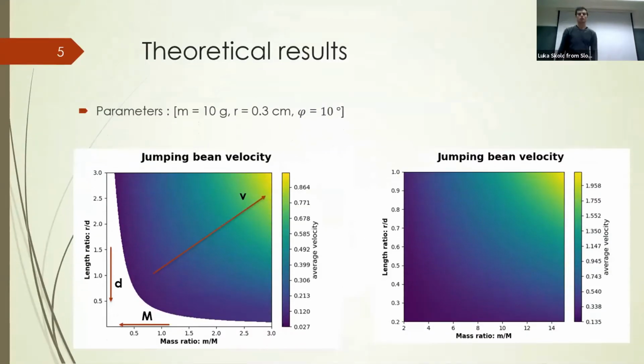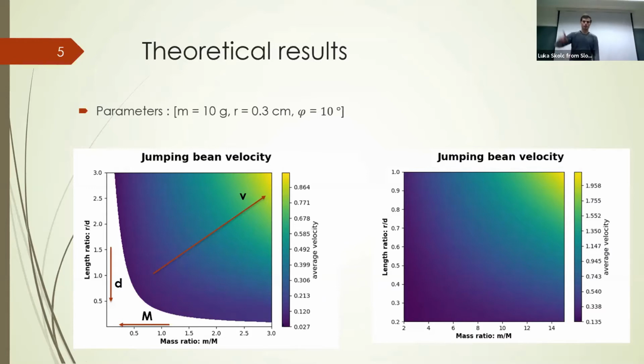Okay. Theoretical results. So using the formula for average limit velocity, we can see final results gathered from those two contour plots. Parameters of the bean, of the ball, are stated on the PowerPoint, and velocity is increasing.